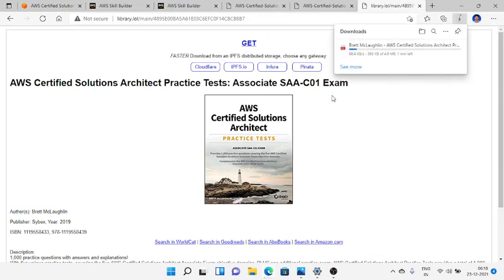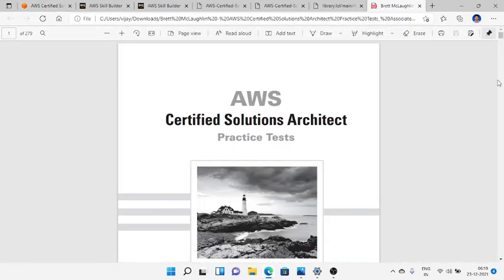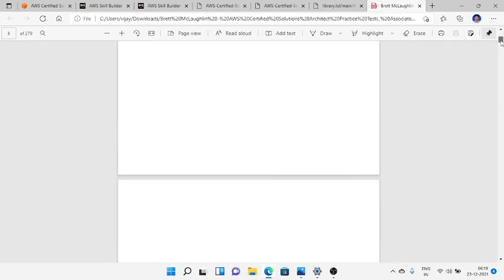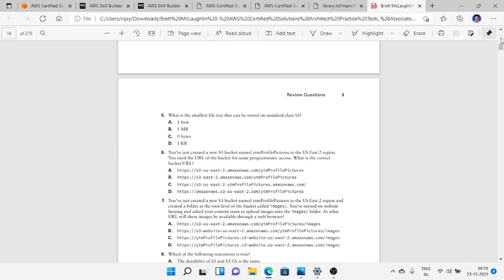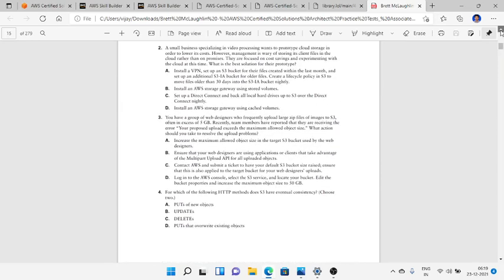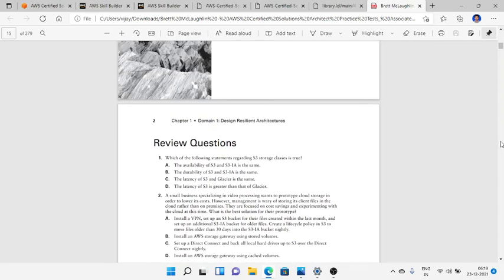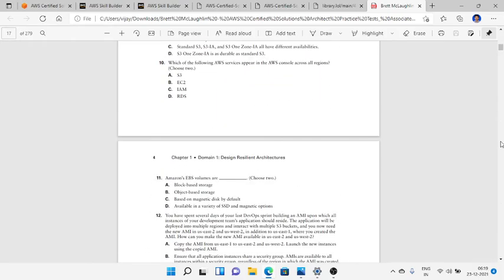Once it is downloaded, I can show you. So this is the overall view of the AWS Solutions Architect book, now downloaded. I open this. It is totally free. You can download these sample questions and review questions, where you can collect these types of dumps and practice them.